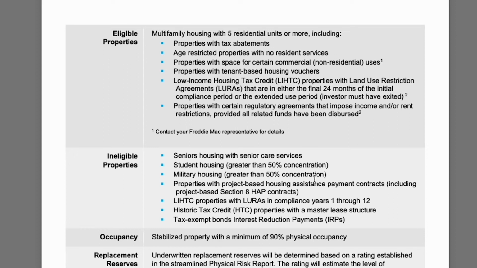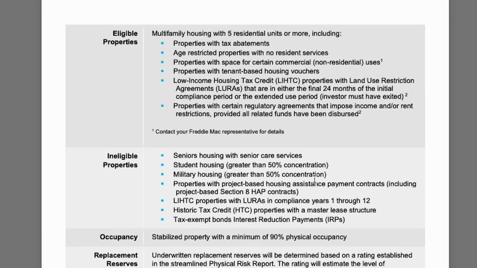Now, the next question is, what can't I buy with this Freddie Mac small balance loan? So you cannot buy senior housing with senior care services. You cannot buy student housing greater than 50% concentration. You cannot buy military housing. You cannot buy properties with project-based housing contracts, including project-based Section 8 housing contracts.